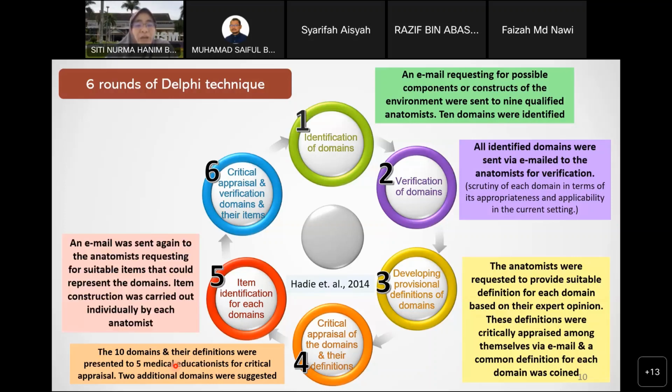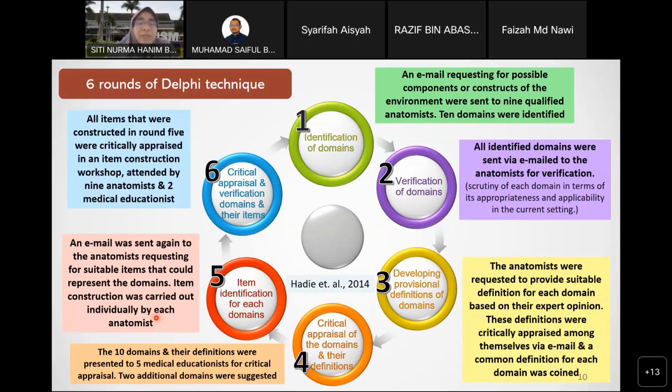And in round 5, we sent another email to all the anatomists requesting them to provide items for each domain, items that can represent each domain. And this item construction was conducted independently by all anatomists. And in round 6, we conducted an item construction workshop attended by 9 anatomists and 2 medical educationists.